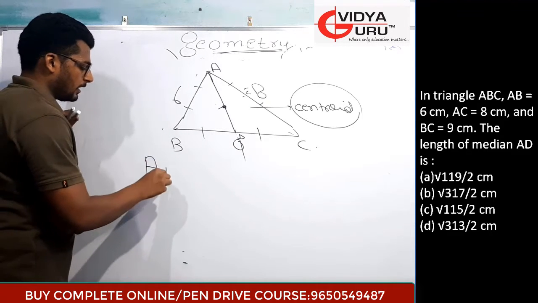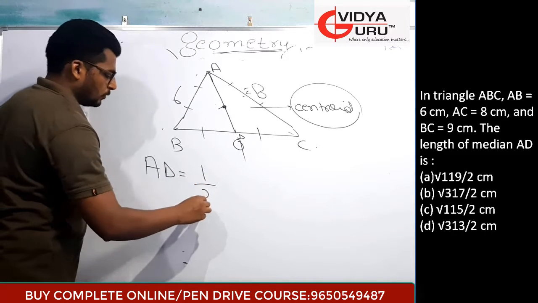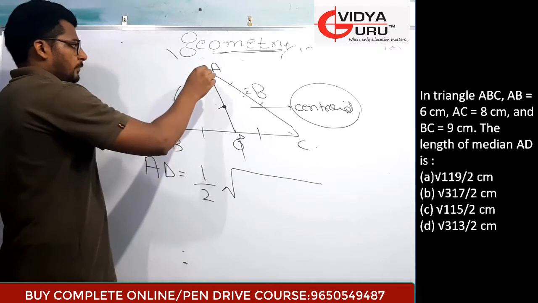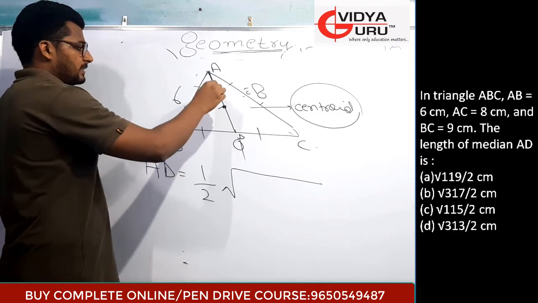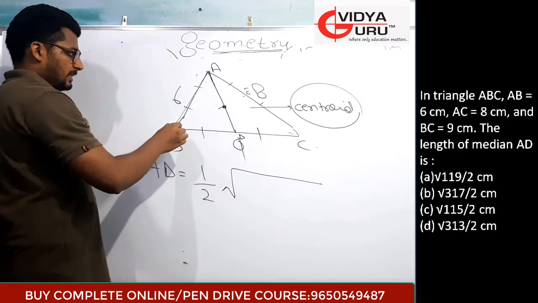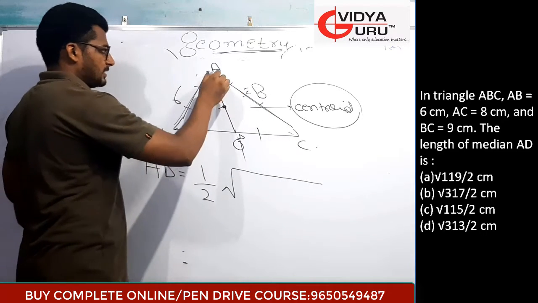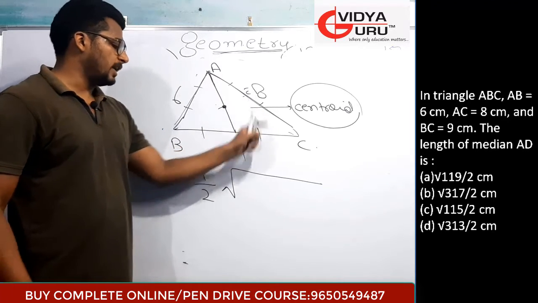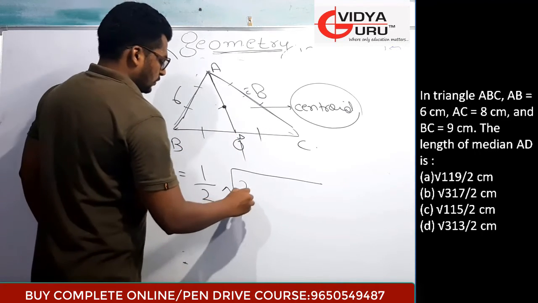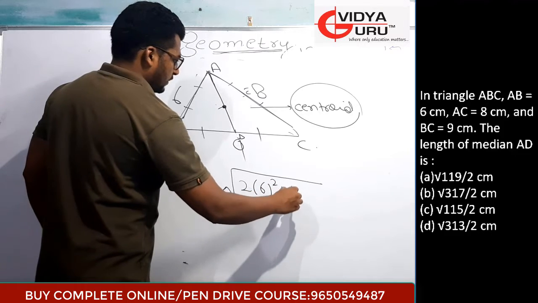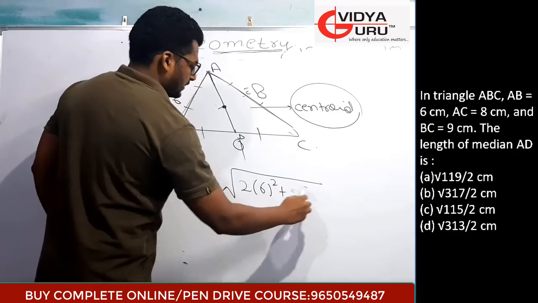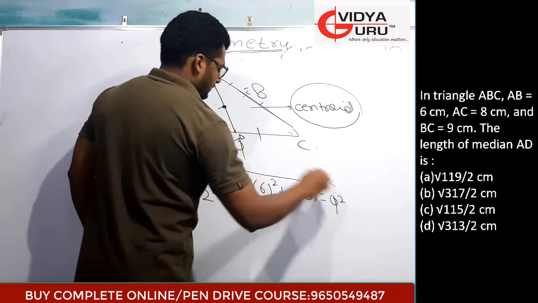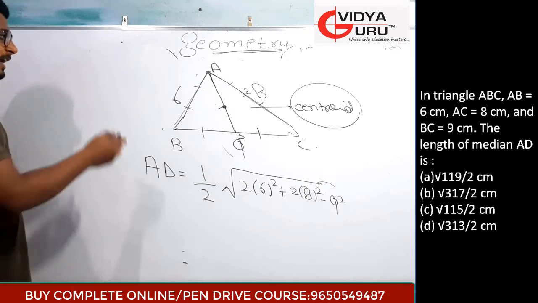There is a formula: median equals half root of 2 times the squares of the sides from the vertex, minus the square of the opposite side. From which vertex is the median coming out? These two sides are touching this vertex. So 2 times 6 squared, 2 times 8 squared, and minus this side squared.